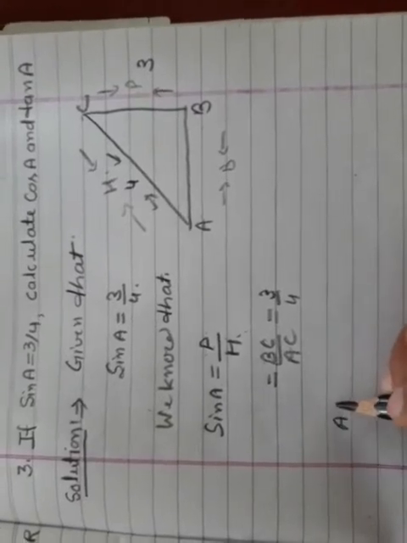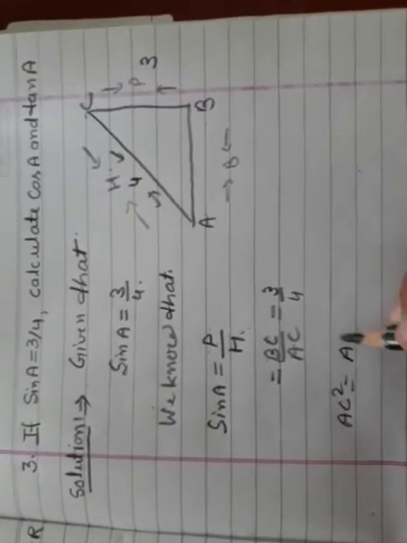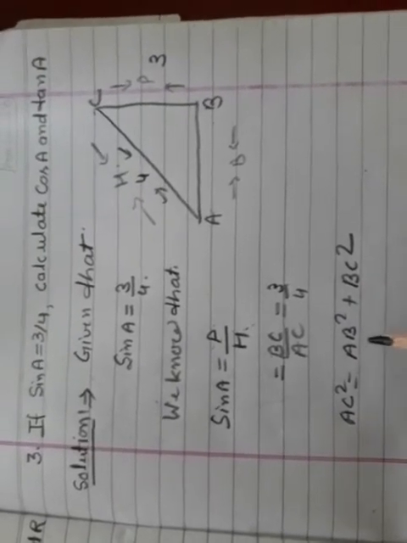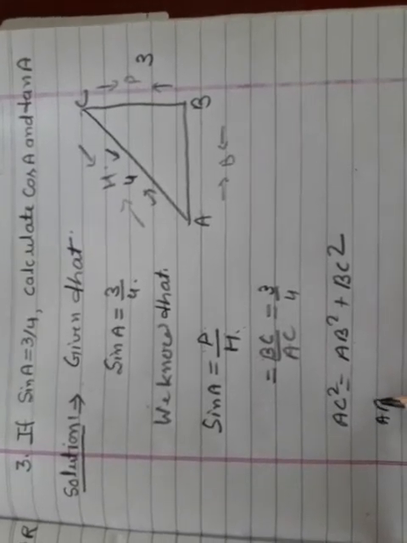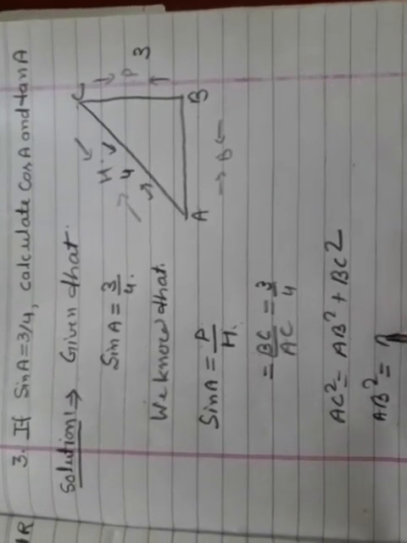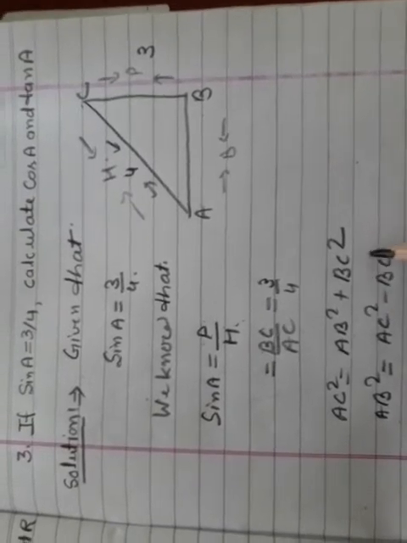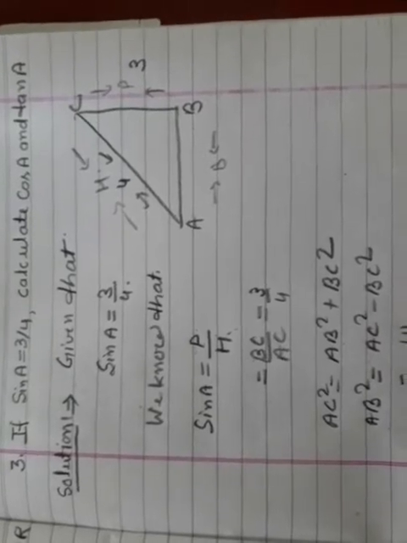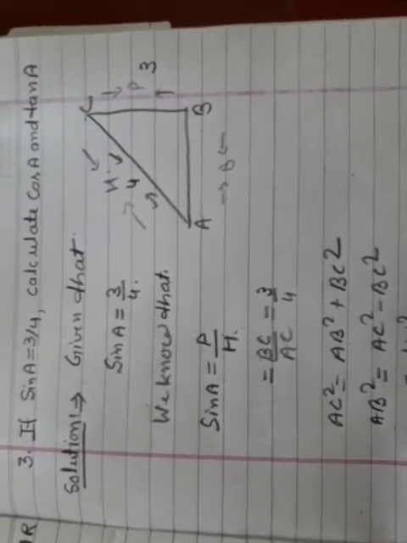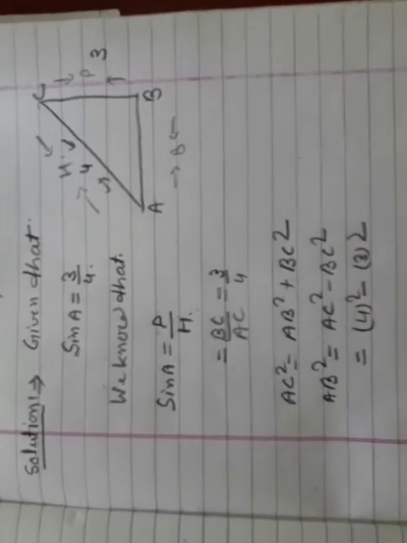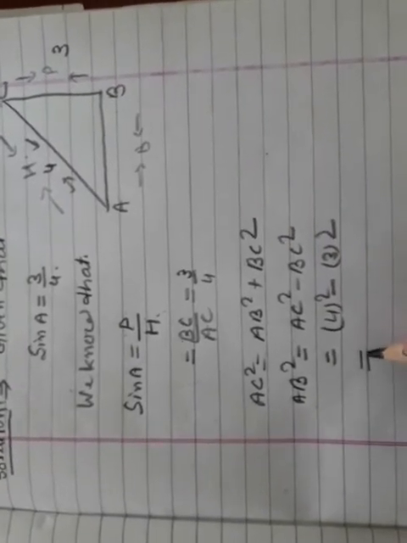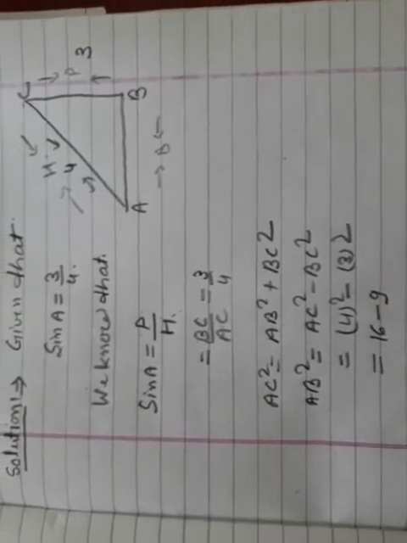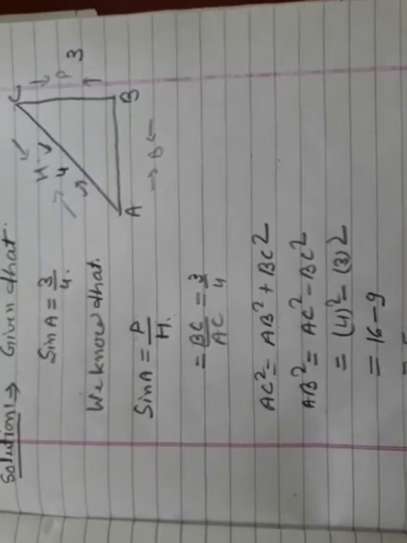We know that AC square is equal to AB square plus BC square. So what we get here? AB square is equal to AC square minus BC square. Now AC is 4 whole square and BC is 3 whole square. Clear? 4 whole square, what we get here? 16 minus 9. So we get 7.